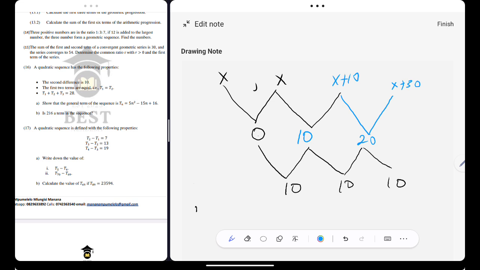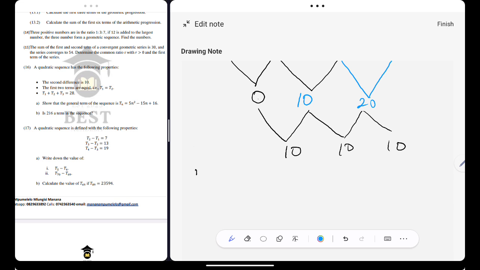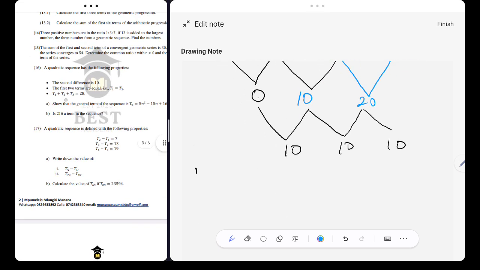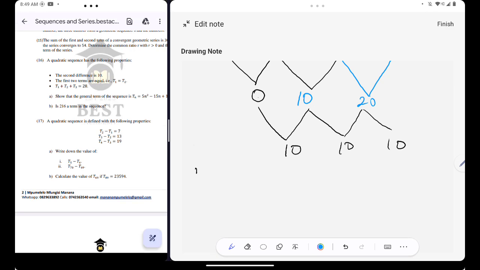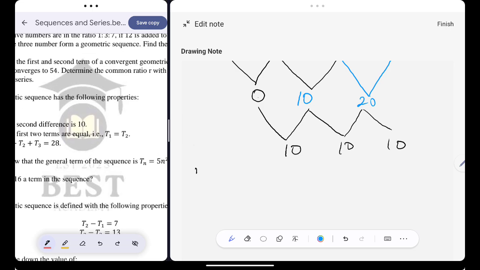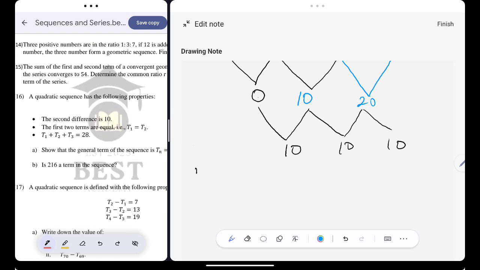Basically for us to find the nth term, we must be able to find the value of x so that you can find the equation. We were told in the statement here that the sum of the first three terms is 28.